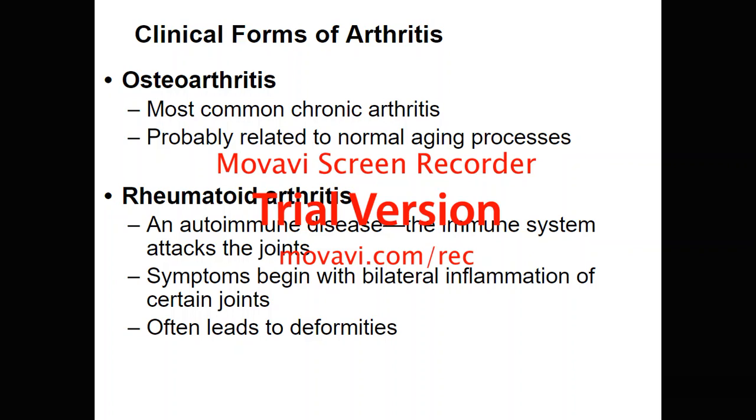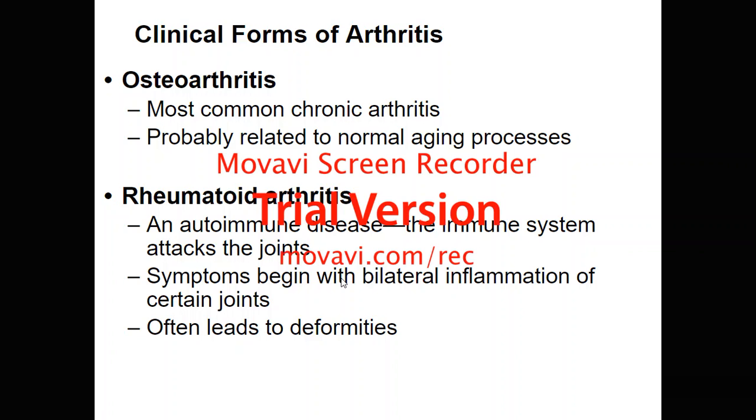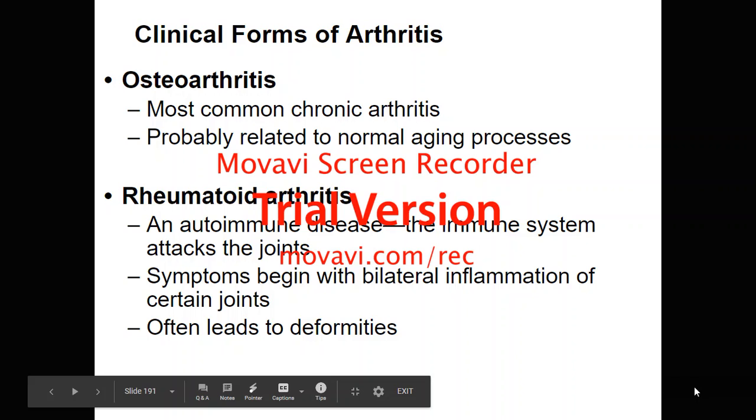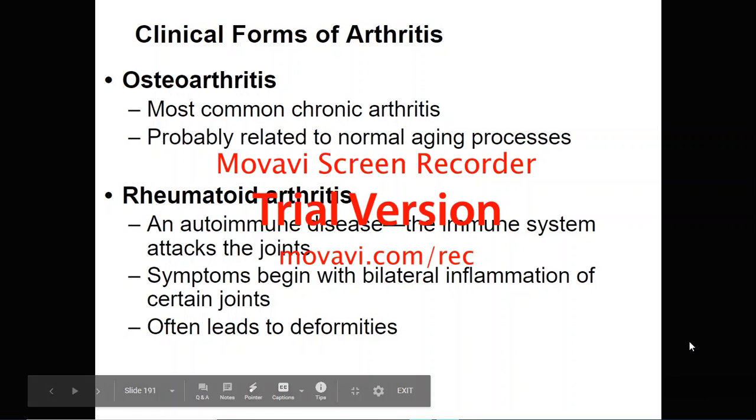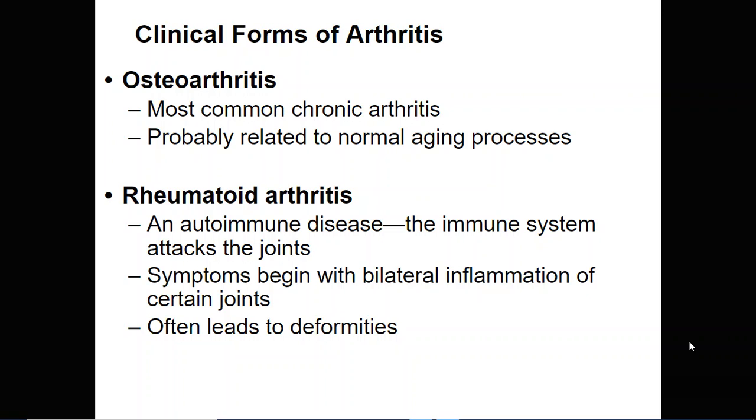And then you have rheumatoid arthritis. Rheumatoid arthritis is an autoimmune disease, so essentially the immune system is going to attack the joints. With rheumatoid arthritis, the symptoms begin with bilateral inflammation of certain joints. It usually arises between 30 and 50, and it tends to affect 3 times as many women as men.